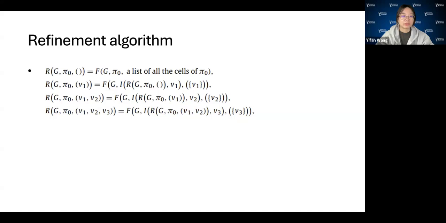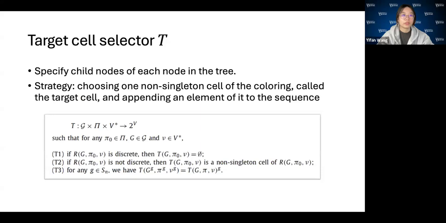It will start from the root node, and then as we go deeper into the tree, each step will add one individualized node. So in the search tree, the target cell selector also plays an important role in determining which node to explore next in the next layer.